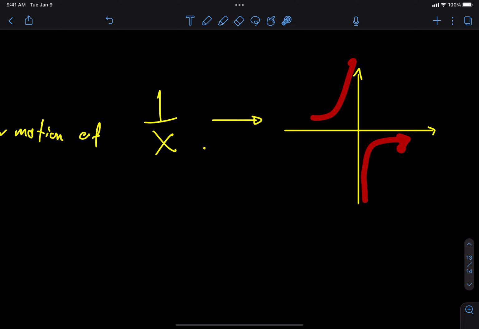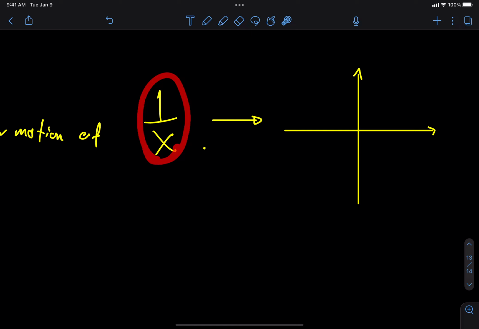How can I check which one is the correct graph of 1 over x if I forgot what it looks like? What we want to take care of is that this whole fraction will have the same sign as the sign of the denominator. If the denominator is negative, the fraction will be negative. If the denominator is positive, then the fraction will be positive.